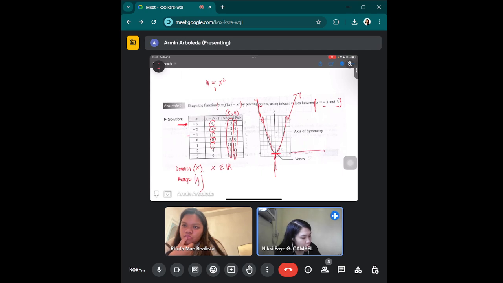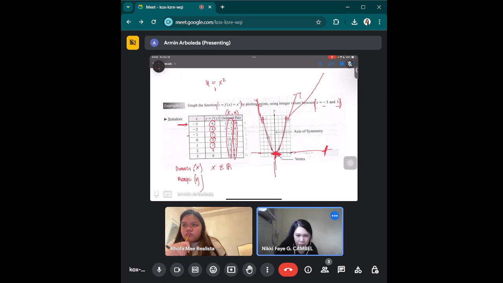If it's going to get bigger like this one, you're still going to have an x here. You have a value of x on the other side as well. But your y will just stay here because this is where your vertex is located. And where your vertex is located, that's your minimum value. That's the lowest value that you can have for the y.